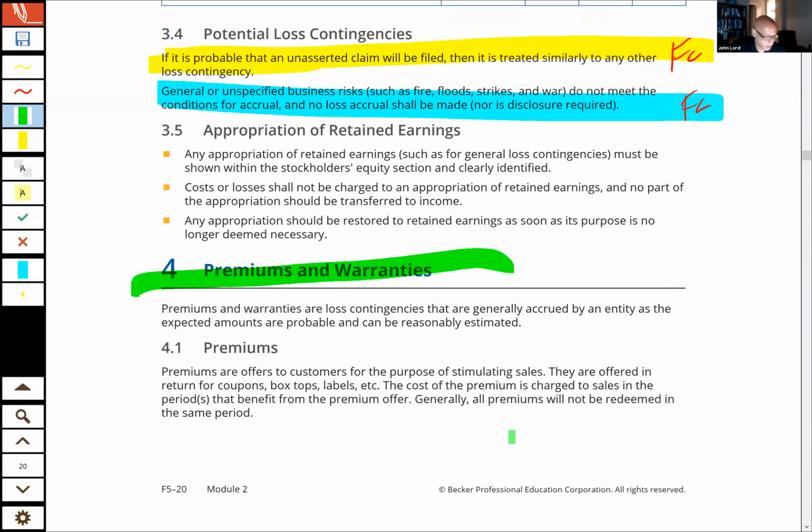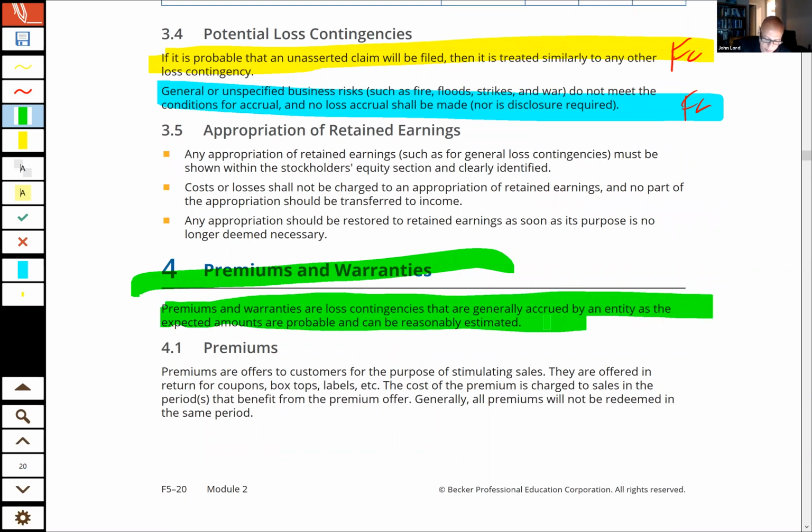So let's talk about what happens. These are liabilities. We have to record this. A premium is basically where we say, hey, send in a bunch of soup labels and we'll give you this cup in exchange for the 10 soup labels you send in.